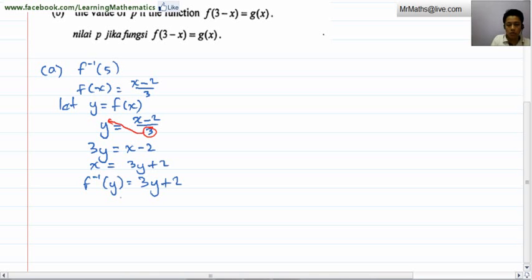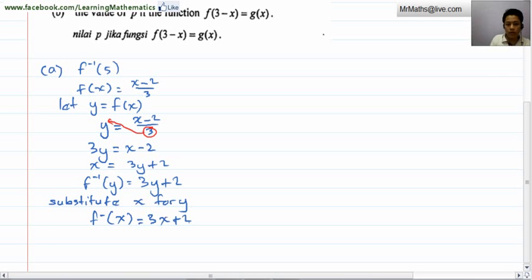Okay, and then substitute x for y. Then I've got the inverse function of f(x) equal to 3x plus 2.